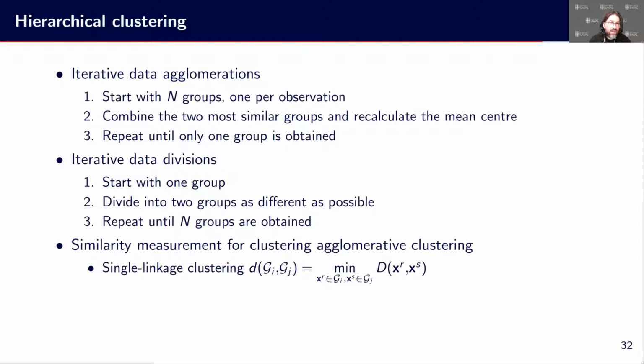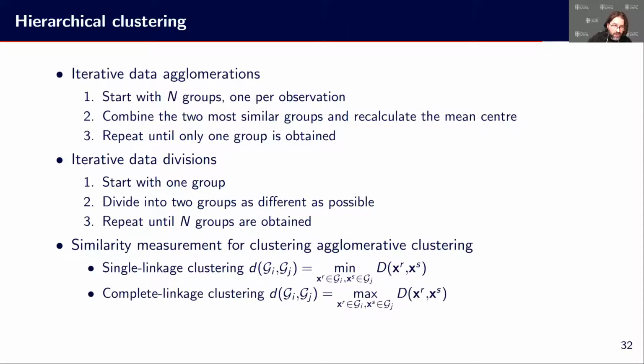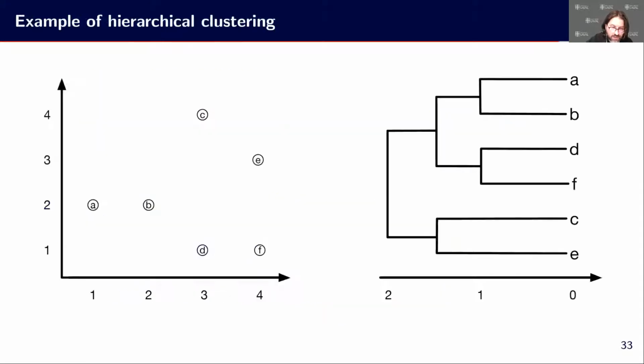We take the minimum distance among all these distances, and this gives us the single linkage distance between the two groups. And we have the opposite approach, where we look at the maximum value of this distance over all pairs of samples from I and J.